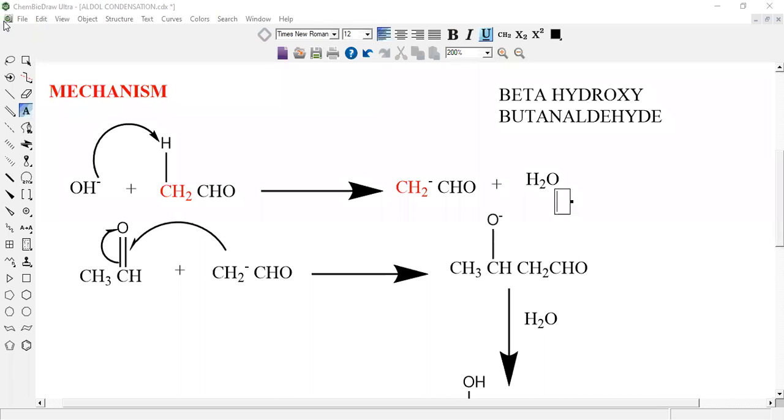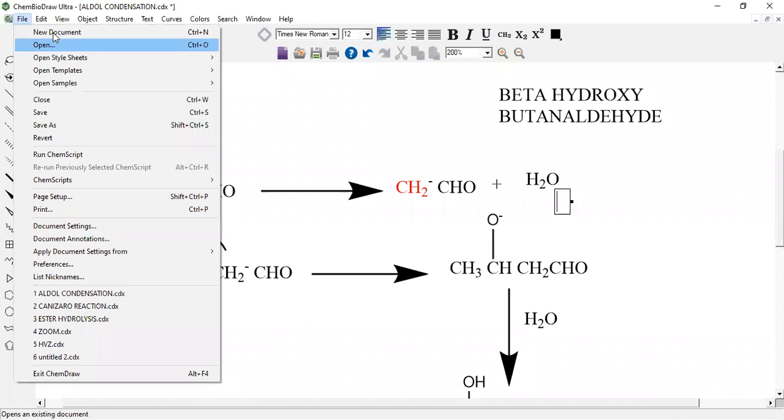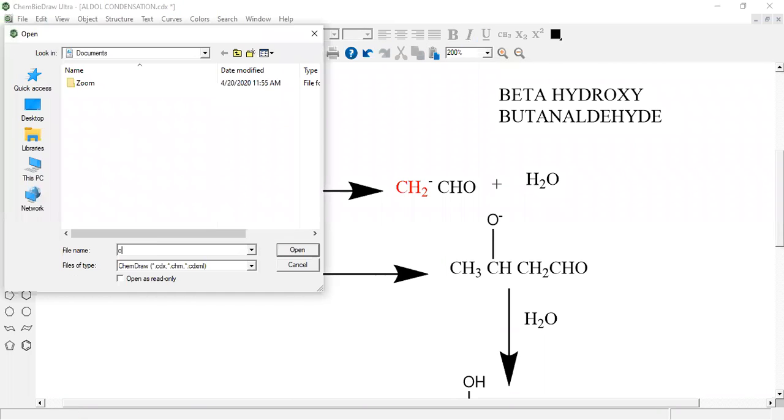Okay, now I'll tell you what this Cannizzaro reaction is.